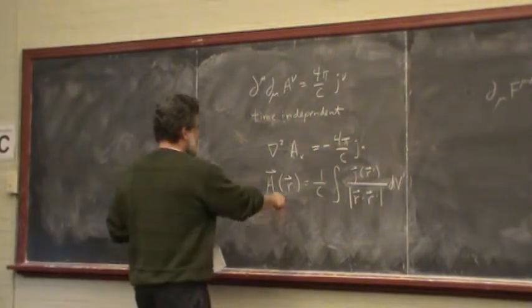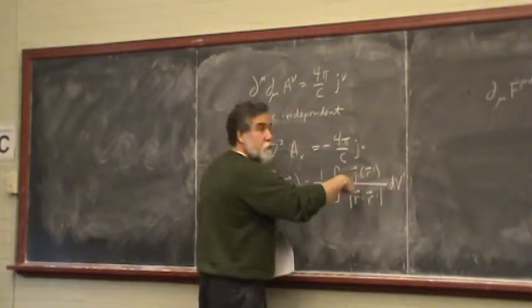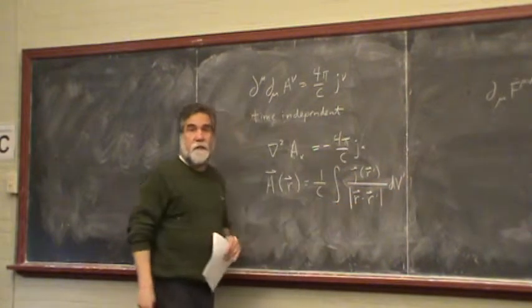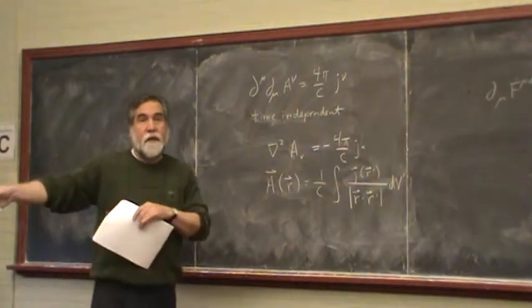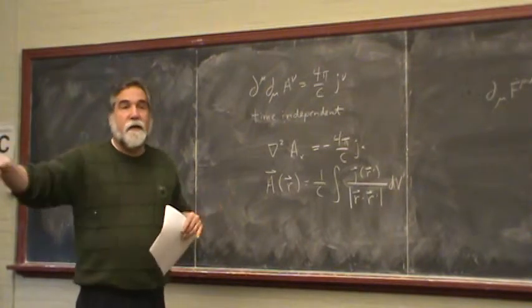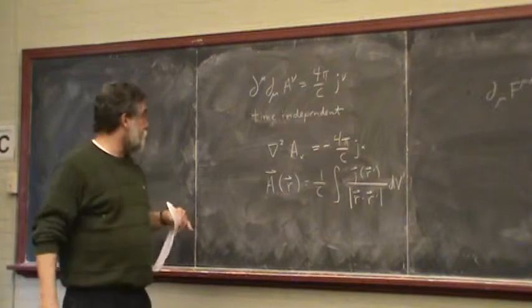The thing that links this R to where the currents are is this difference here. So the vector potential that we measure over here arises from current that's over there.